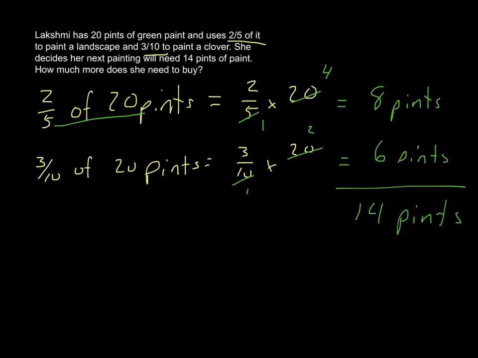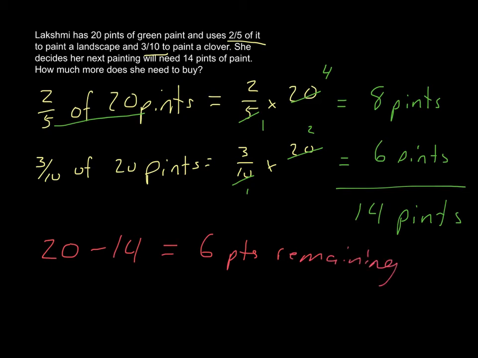Again, I cross-simplify. 10 goes into 20 twice, and 10 goes into 10 once, which gives me 3 times 2, which is 6 pints. If I combine these two, I find that I have used 14 pints. Now, if I have 20, and I've used 14, that tells me that I have 6 pints remaining.